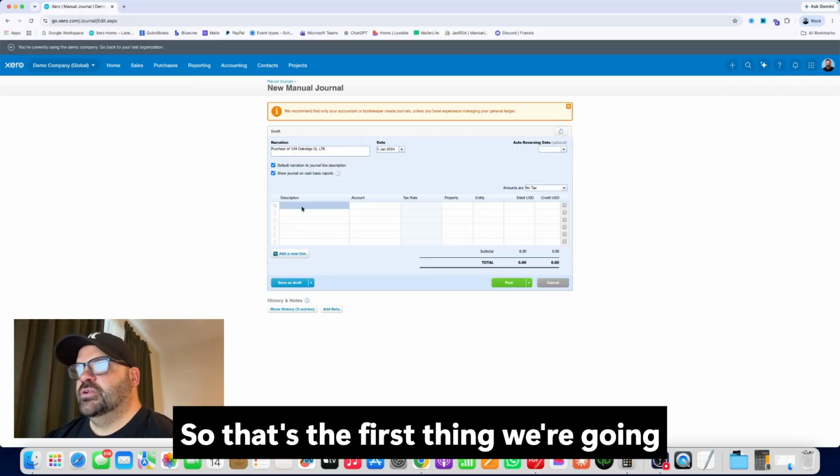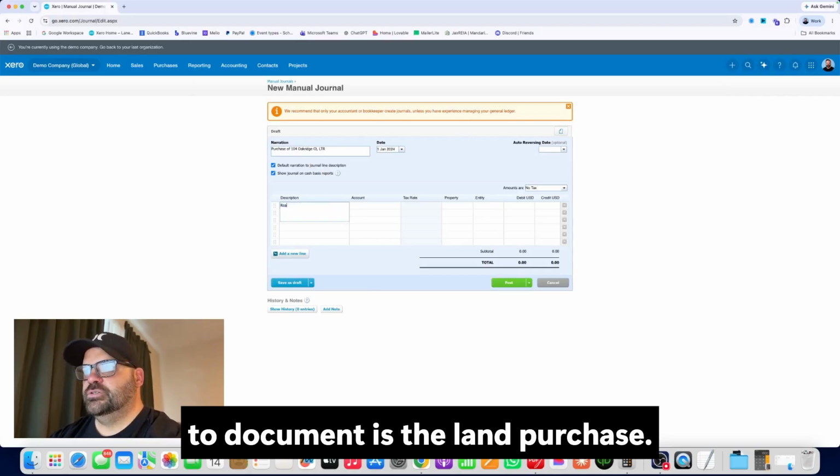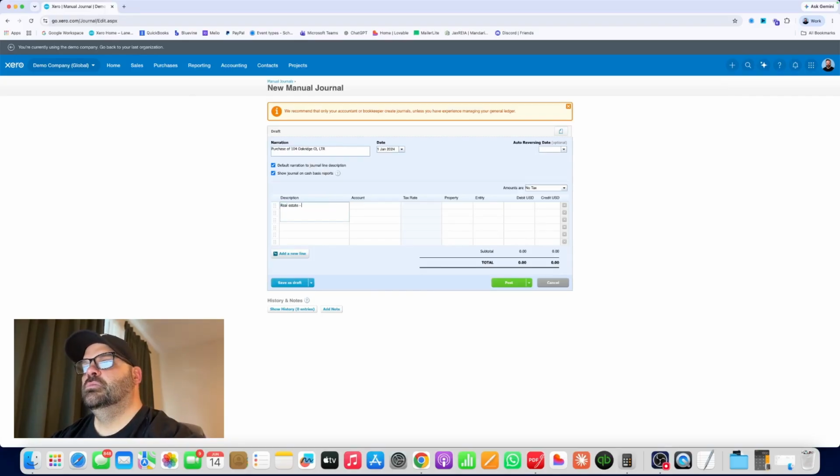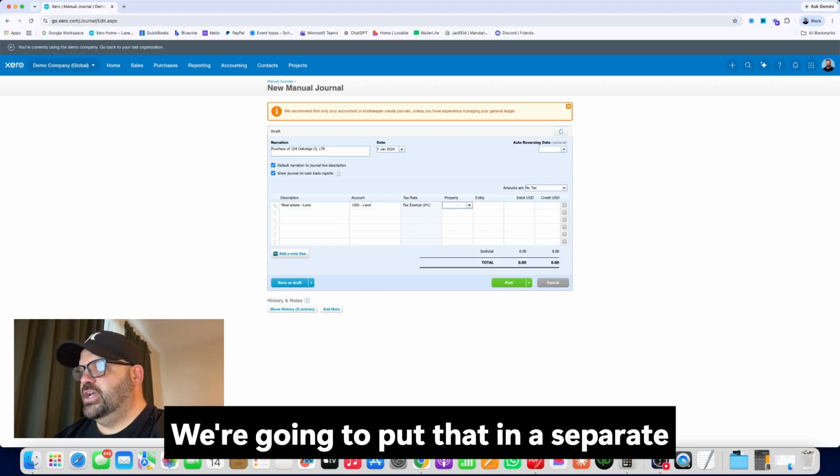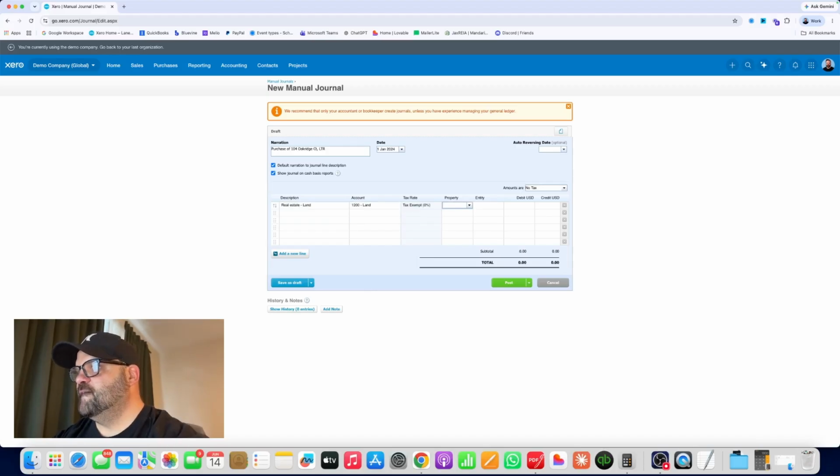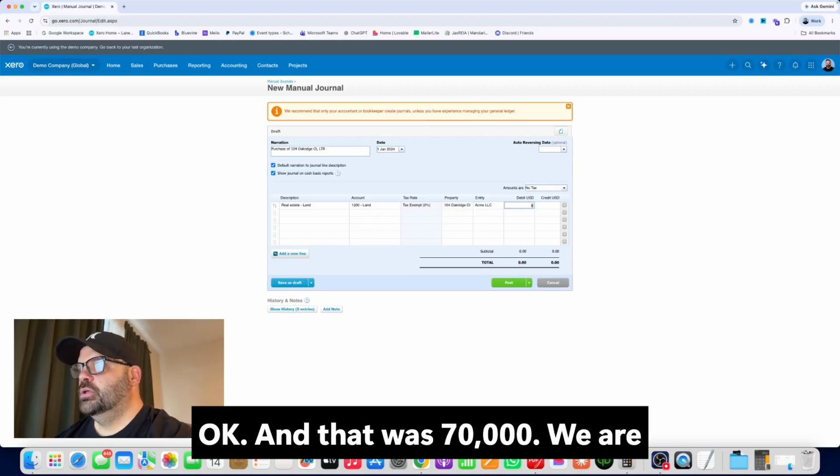So that's the first thing we're going to document, is the land purchase. We're going to put that in a separate asset account called land, 104 Oak Ridge Court. Okay, and that was $70,000.